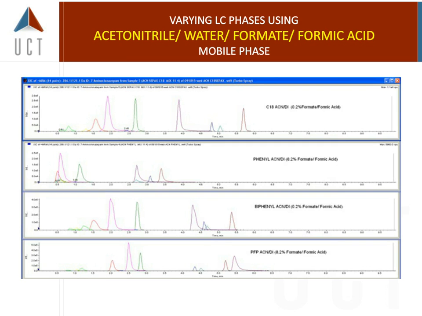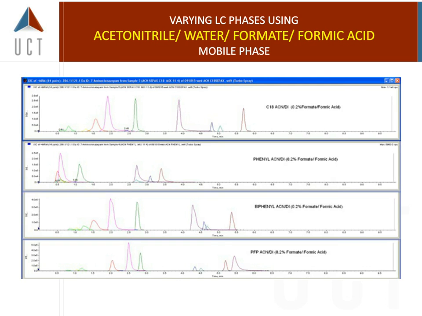All we did is look at how these compounds are reacting to the phases in the LC. How could they be related to how they're coming off in the solid phase extraction cartridges? So these aren't optimized because it's one gradient, but notice the difference in the C18 and the phenyl group.